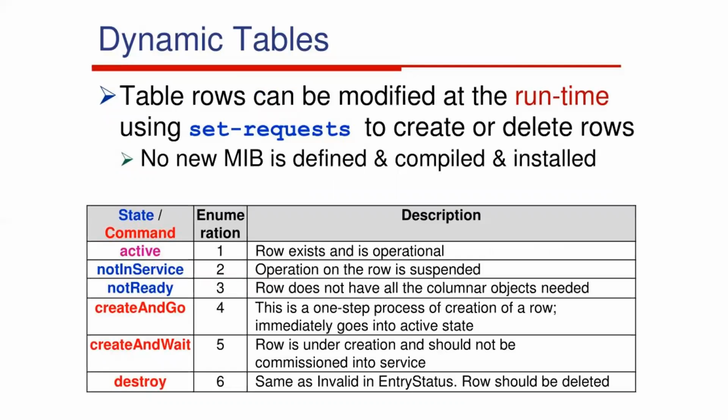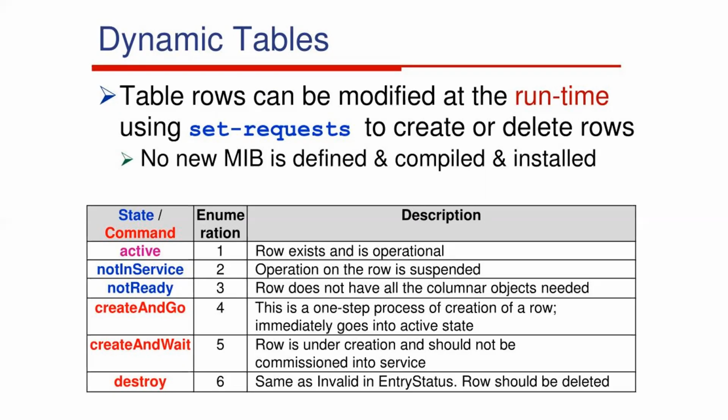Then we move to the dynamic table, after static, the second one being the dynamic table, the major part. This dynamic table also has row status, create and go, create and wait, which are the action operations in the former.